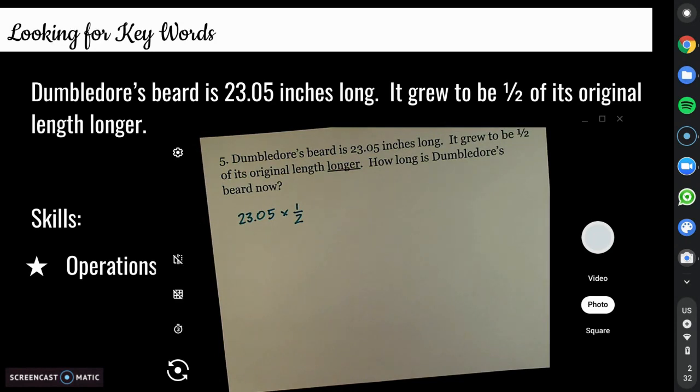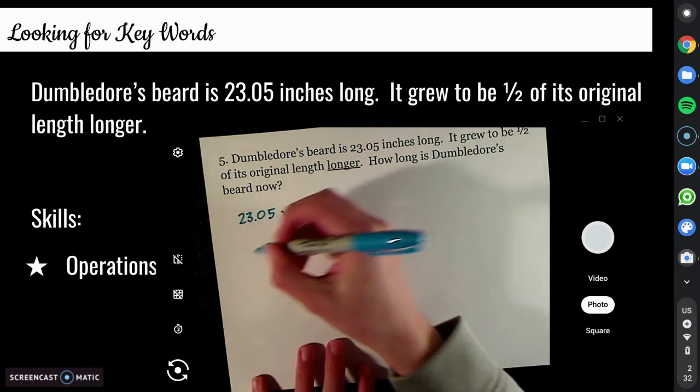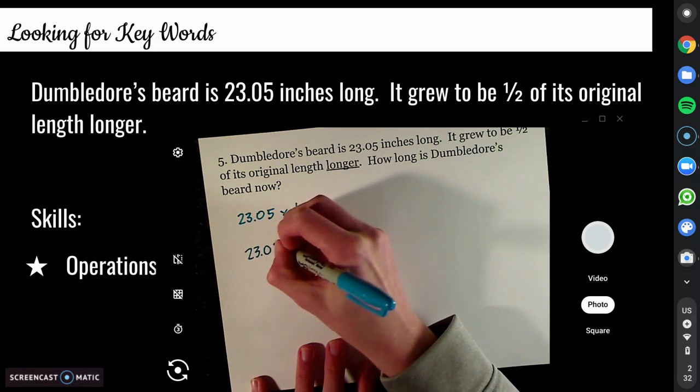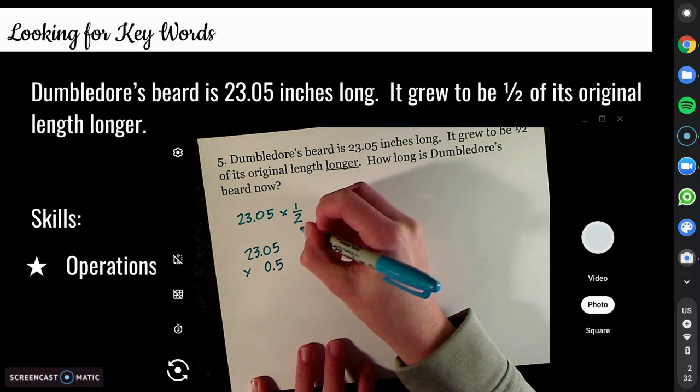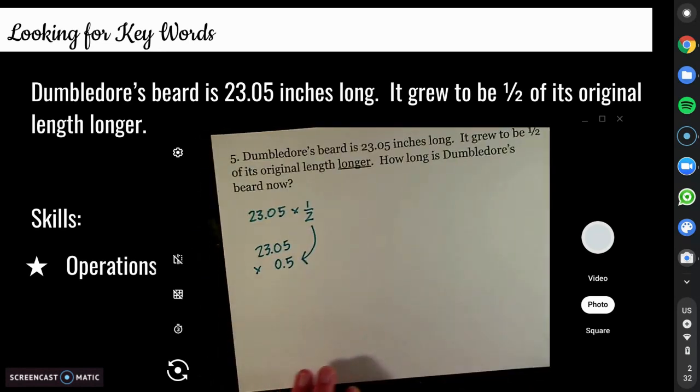Since we have mixed decimals and fractions, I think that this is easier. You could do either, but I think it's easier to do decimals. Okay, so 23.05 times 0.5, because 1/2 just becomes 0.5.